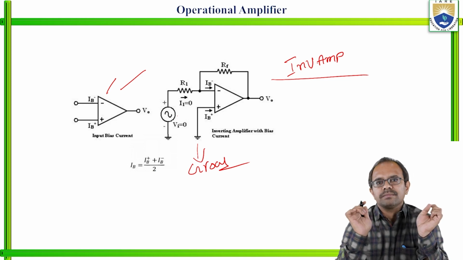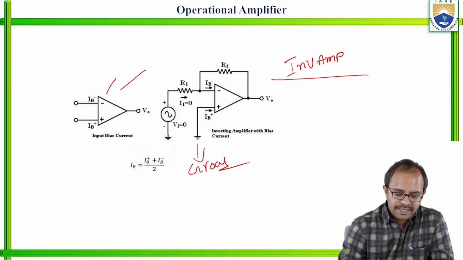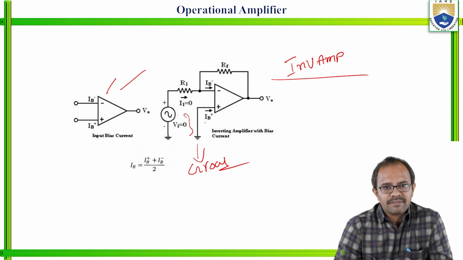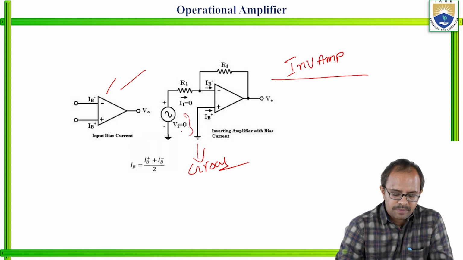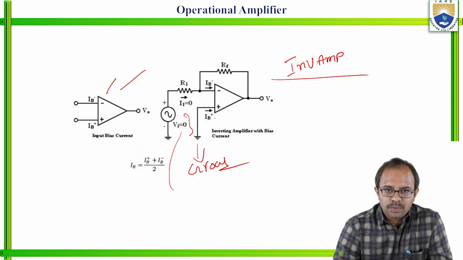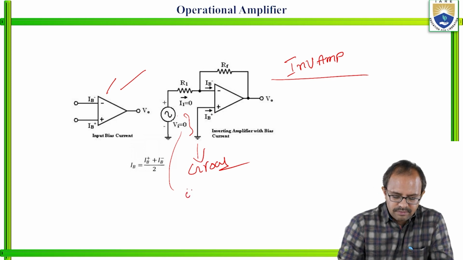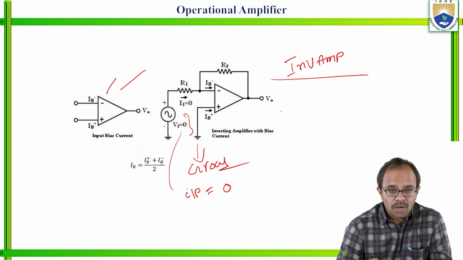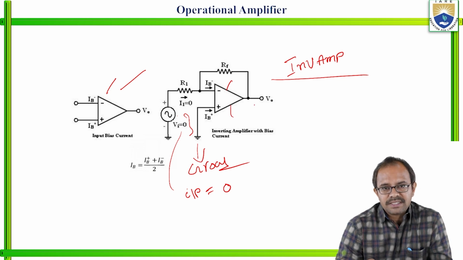If the op amp is designed in such a way, we can understand that it is operating as an inverting amplifier, right? Initially, you may start the operation with Vi equal to 0. Vi equal to 0 means this inverting input itself is at 0 volts, right? Of course, biasing is still active.